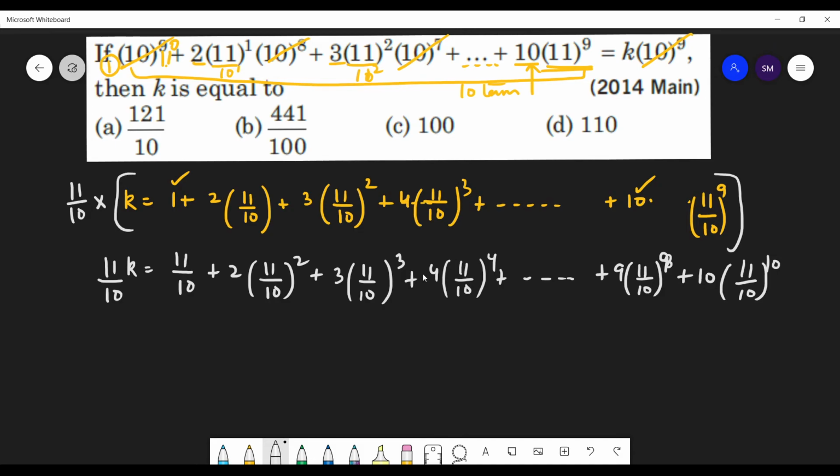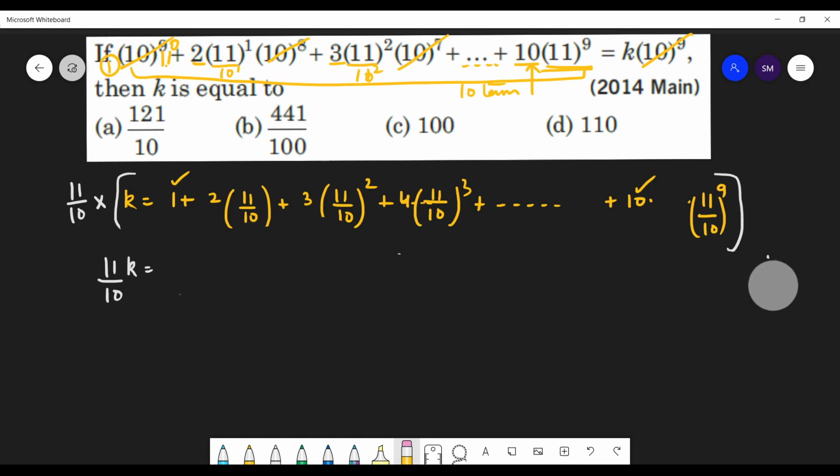So now you have these two equations. First one was actually before multiplying it with 11 by 10, this equation and this equation. You can subtract them, students. And actually, I should have written these terms.